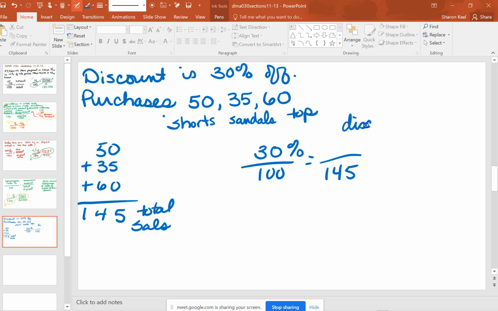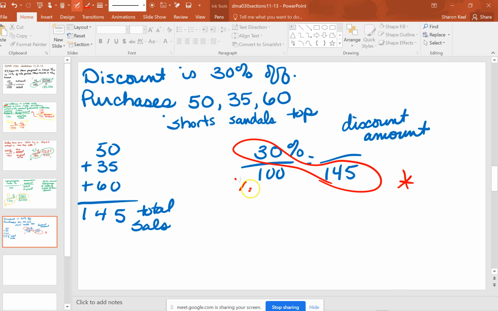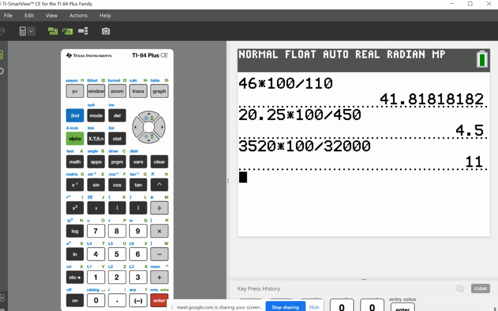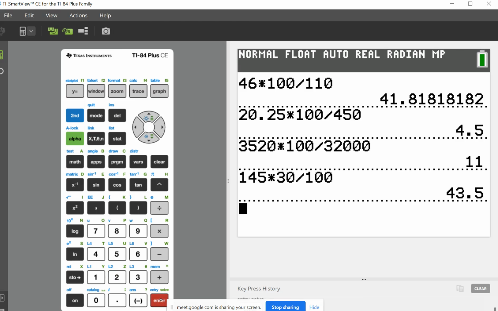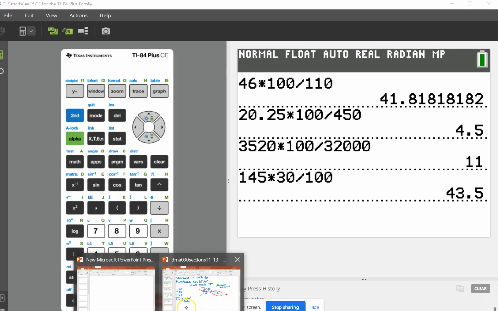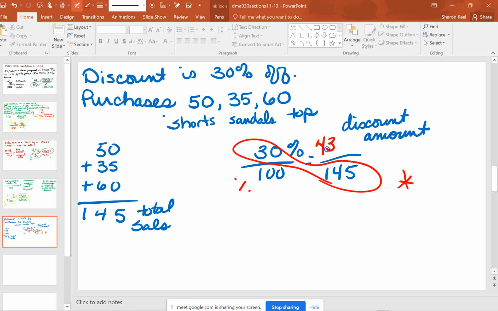So what we're trying to calculate here is the discount amount. The two that we're going to cross multiply are the 145 and the 30, and then we're going to divide by the 100. So 145 times 30 divided by the 100 means we're going to have a discount of $43.50. So $43.50 is exactly the discount amount.